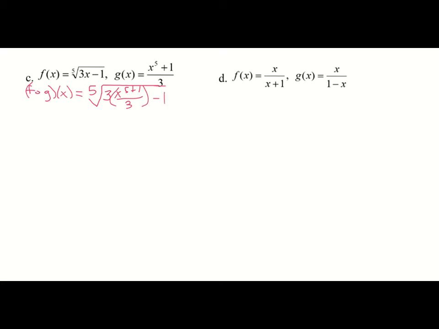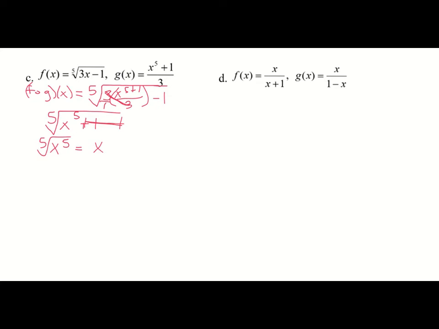Now I need to do the work underneath that radical. Remember that 3 times the expression is really like 3 over 1, so those 3s will cancel. That leaves me with x to the 5th power plus 1 minus 1. 1 minus 1 gives me a 0. So now I have the 5th root of x to the 5th, which we know will simplify to x. So it worked that way.